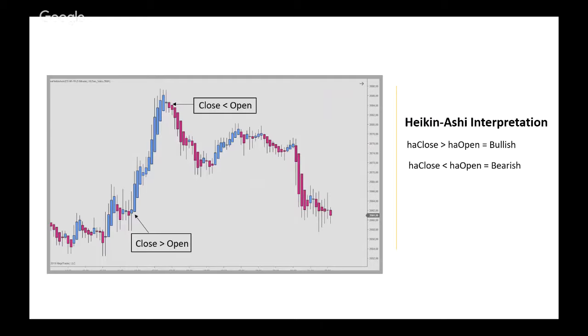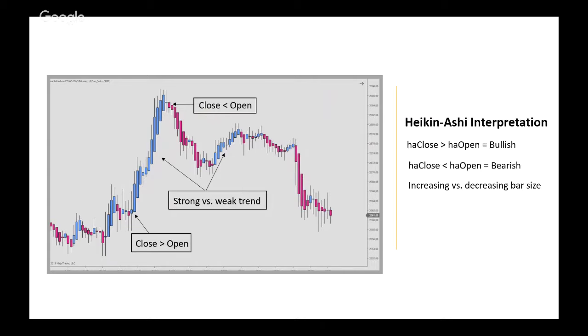Strong uptrends are generally characterized by long blue bodies that we see here, with minor lower shadows, and conversely for the downtrends, long magenta bodies with minor upper shadows.